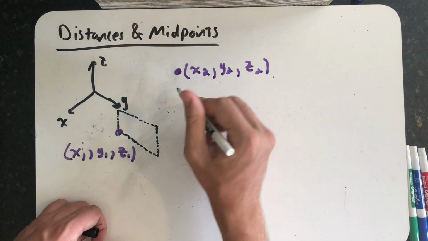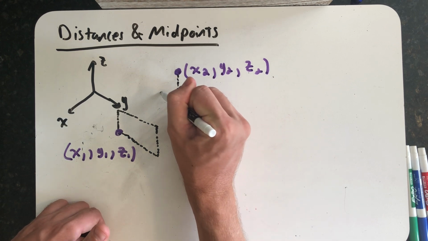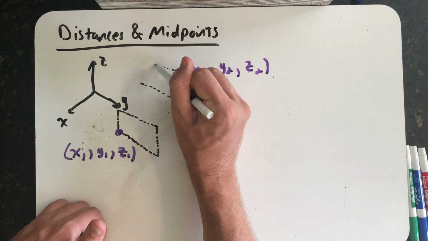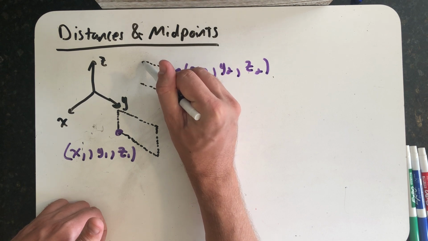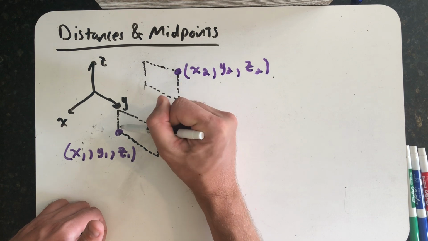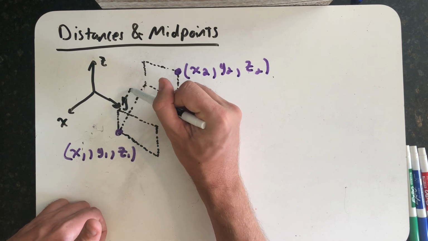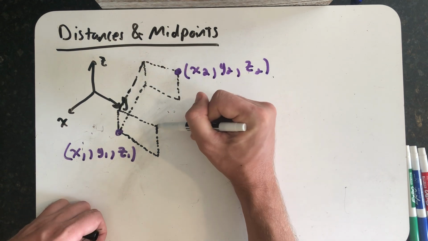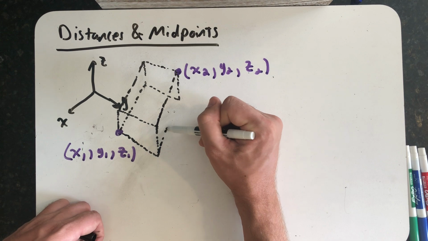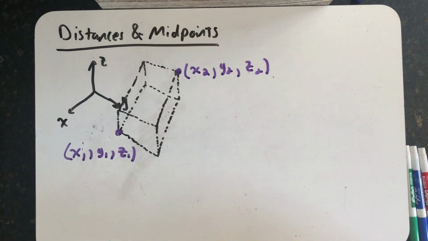Right, and I can imagine doing the same thing back here, that the z-coordinate would have to change and the y-coordinate would have to change. And then I'd have the same change in z, and I might have to amend my diagram as I go, but now I want to imagine the x-coordinate changing. And now I'm starting to see that rectangular prism with those 2 points as far apart as they can go on opposite ends of that long diagonal.